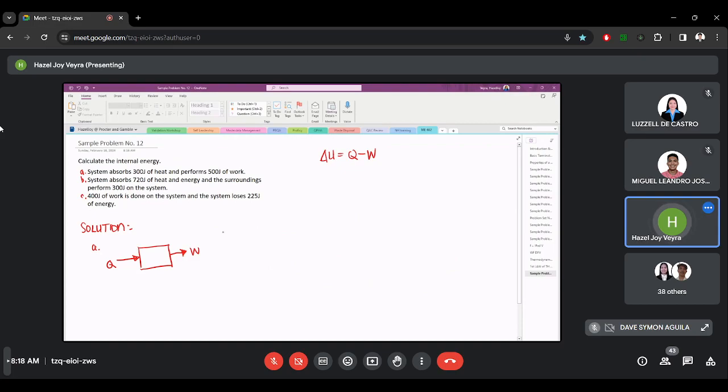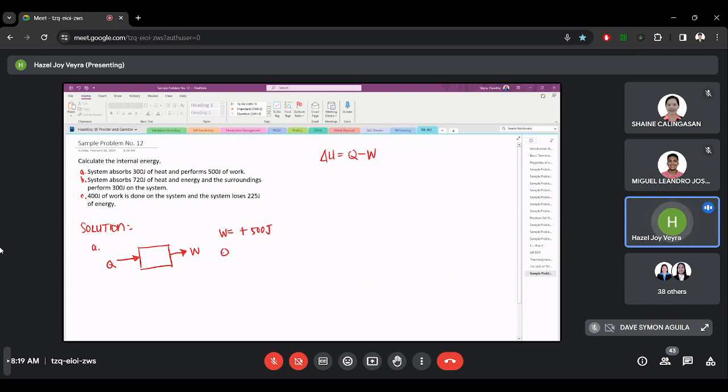So dito, work is positive or negative? Yung system nag-perform daw ng work. Work is positive. Correct. Work is positive. So this is 500 joules.